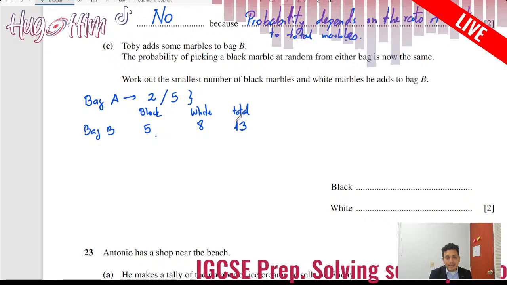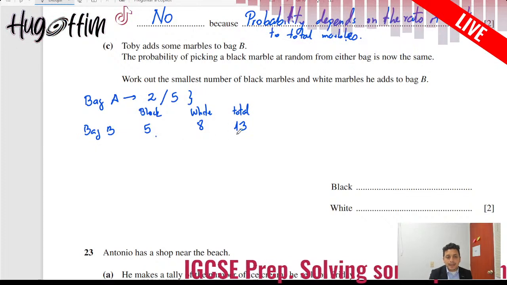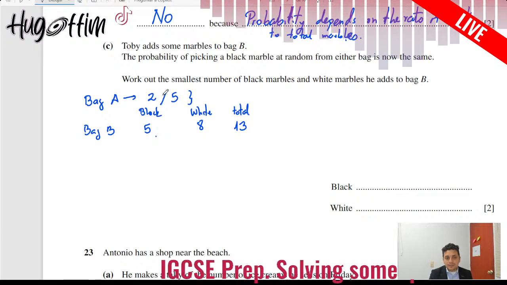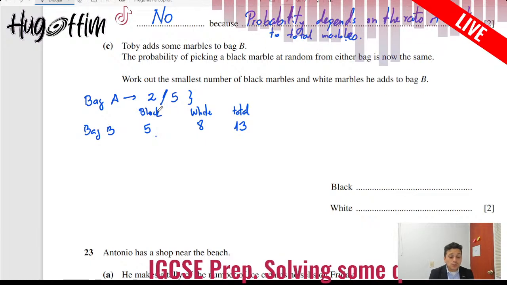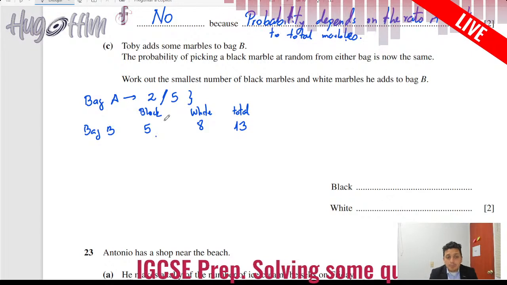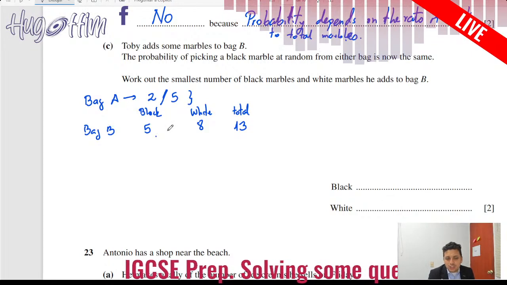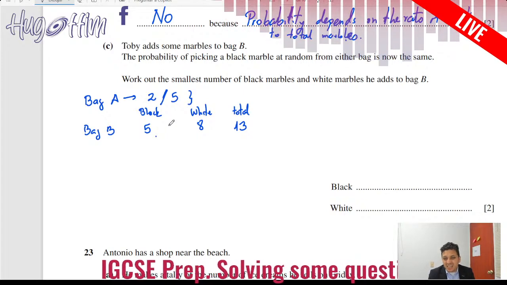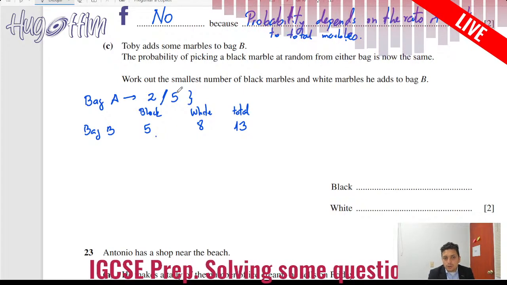He's telling me to add marbles so that you have the same ratio, 2/5. There are many ways to do this type of question, but I'm going to show you the way I did it. That is just increasing the number of marbles until I get my ratio 2/5.